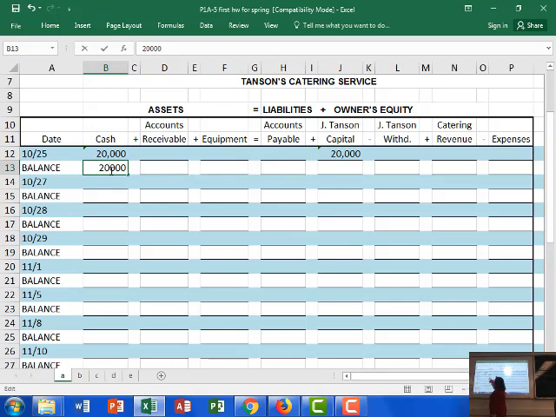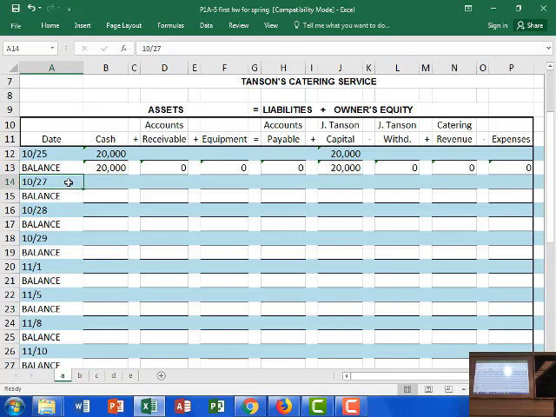Nothing happened in accounts receivable, so that becomes a zero. Nothing in equipment. Nothing in accounts payable. Capital, bring that balance down. He didn't withdraw any money. There was no revenue and there were no expenses. That's for the first transaction, okay?